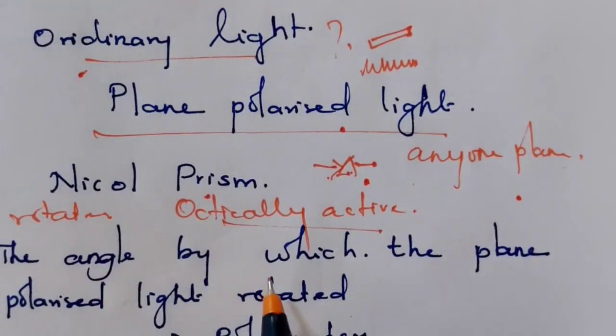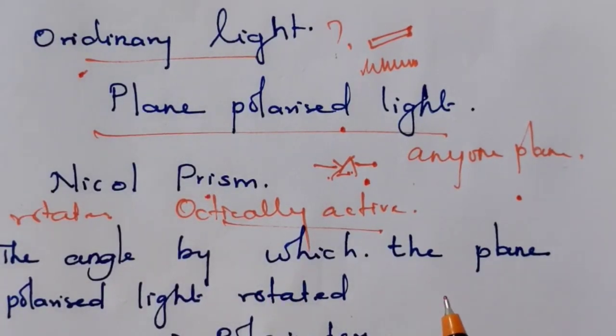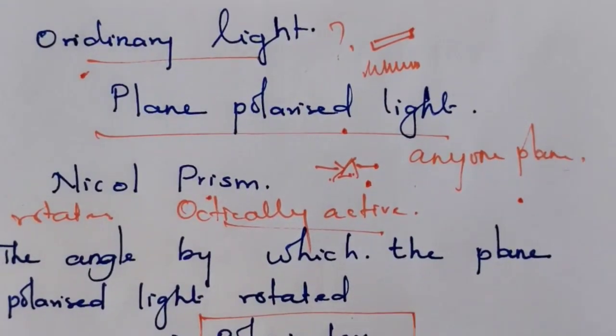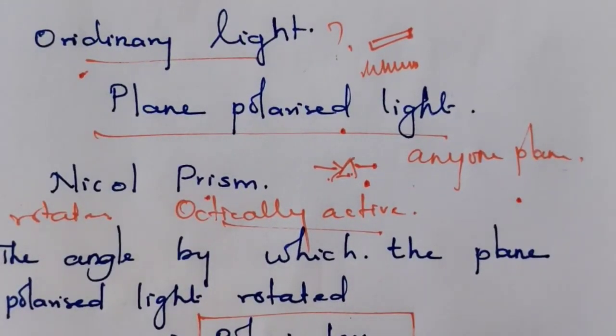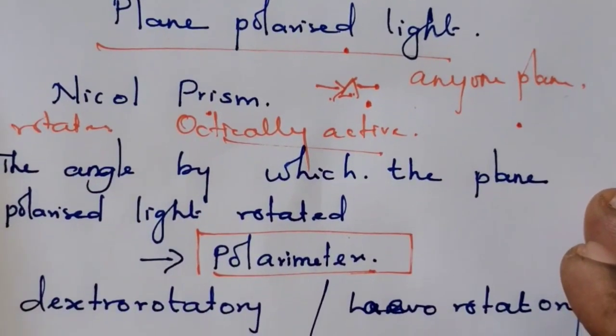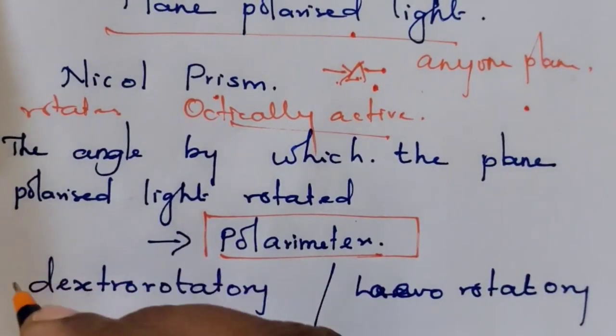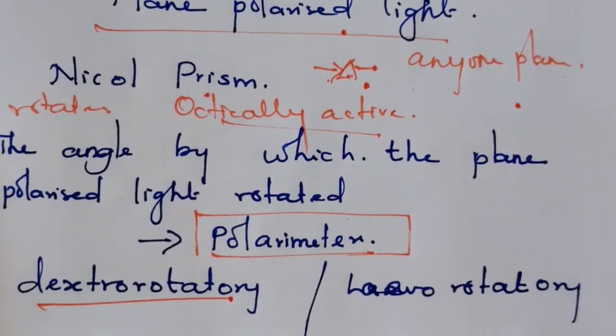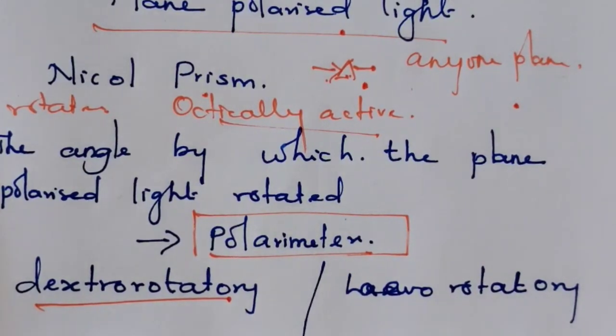The angle by which the plane polarized light rotates can be measured using an instrument called a polarimeter. Polarimeter is the instrument used for measuring the angle of rotation of plane polarized light. There are some substances which rotate the plane polarized light in the clockwise direction. They are called dextrorotatory. Other substances rotate the plane polarized light in the anti-clockwise direction.